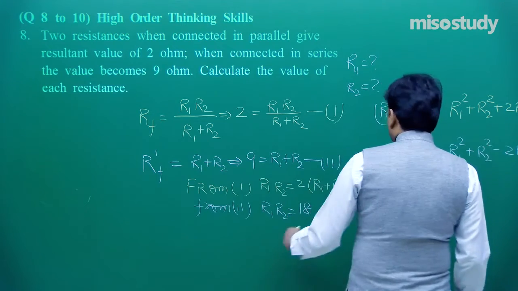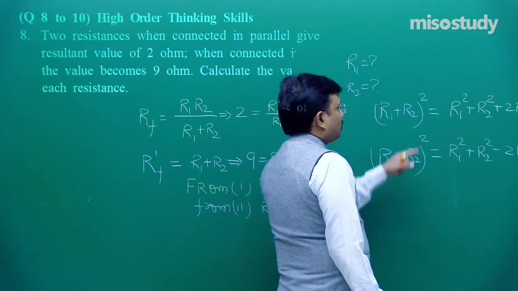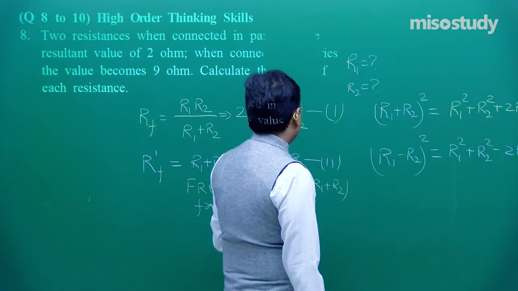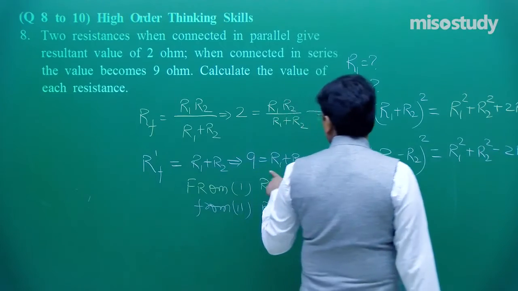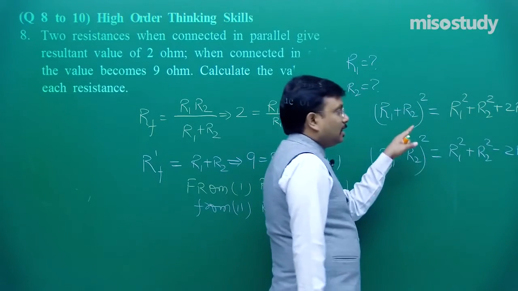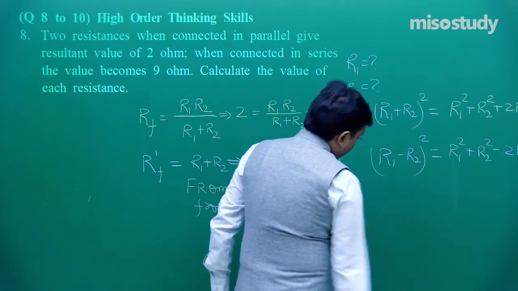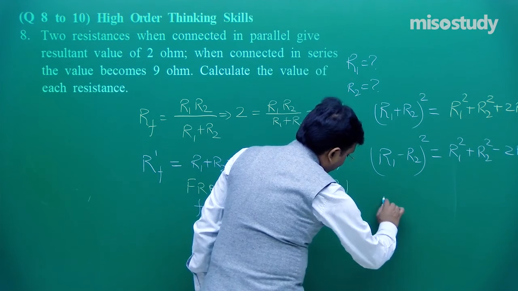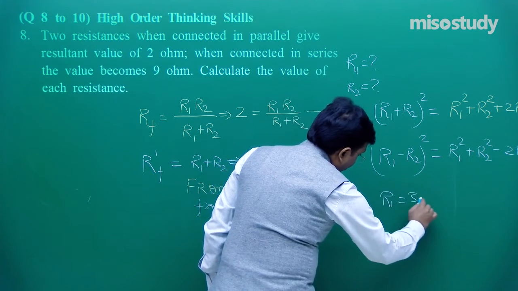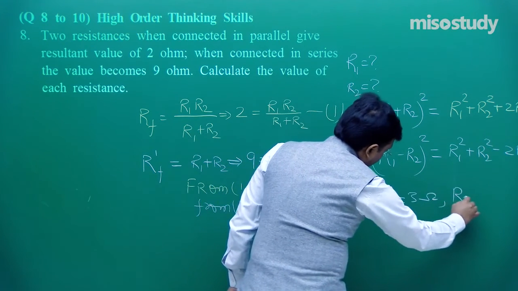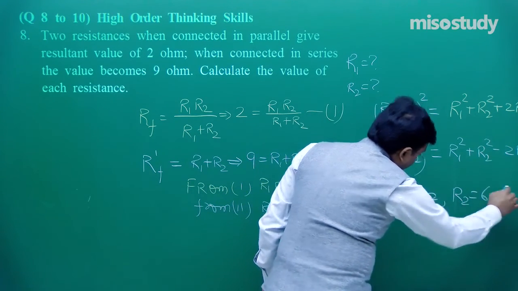Now, the value of R1 R2 you can easily put in. R1 plus R2 is also with you as 9. Easily you can solve it, and after solving you will get the value of R1 is equal to 3 ohm and R2 is equal to 6 ohm.